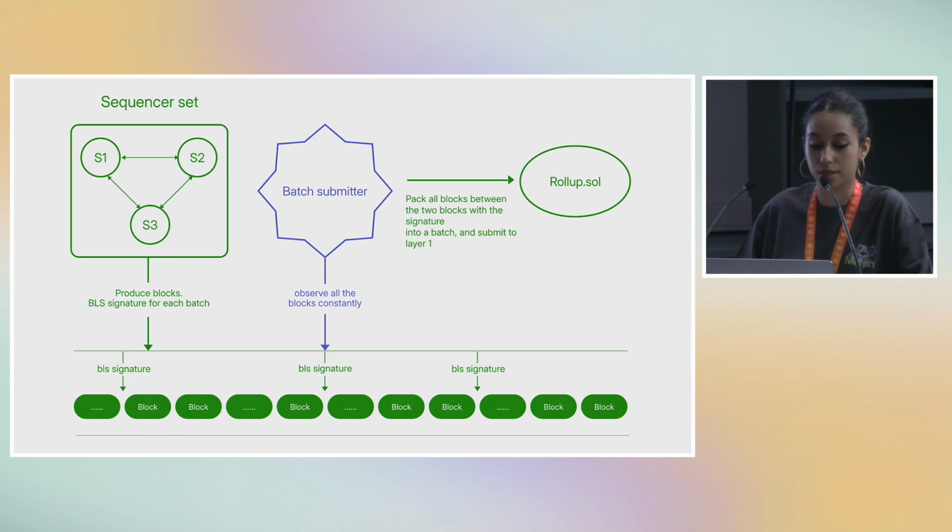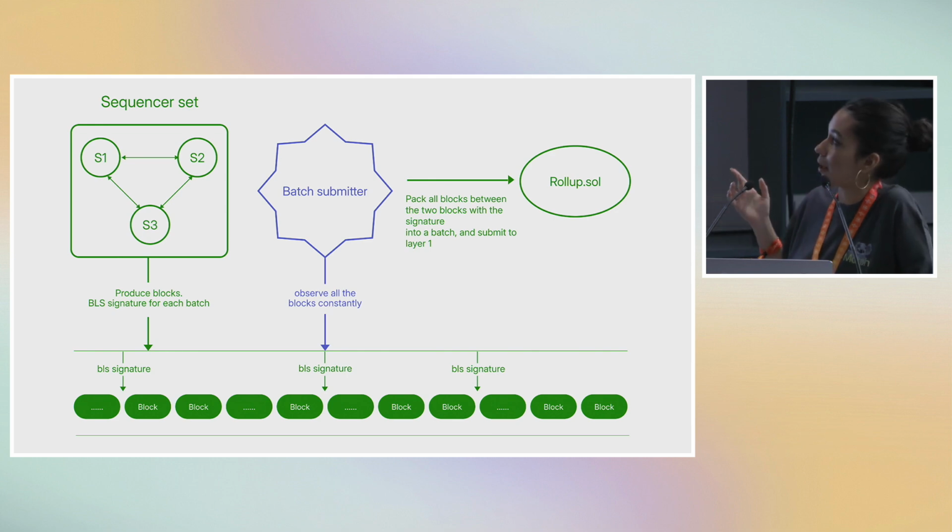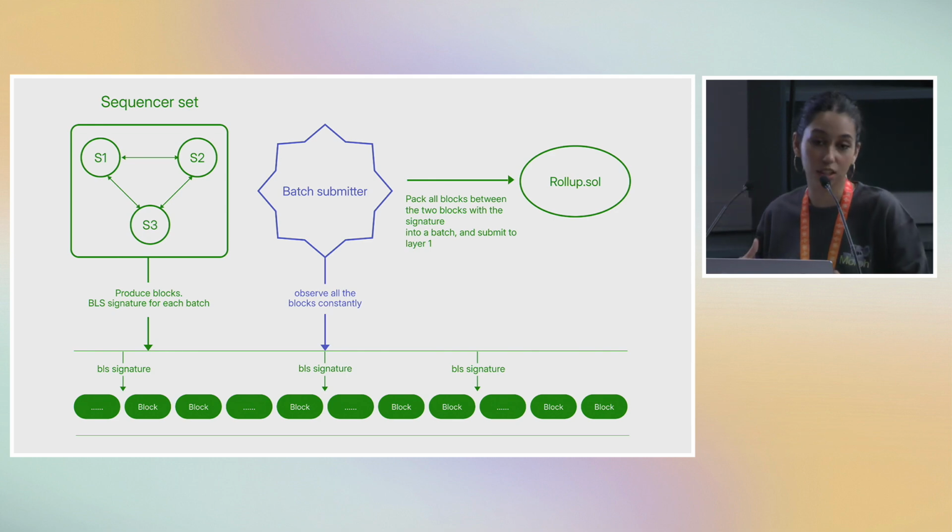Basically, this is the sequencer set, which manages and helps process all of the transactions. This involves a technique called batching, using something known as a batch submitter. Normally each block of transactions would be sent to the L1, and this can be, I would say, pretty slow and expensive.